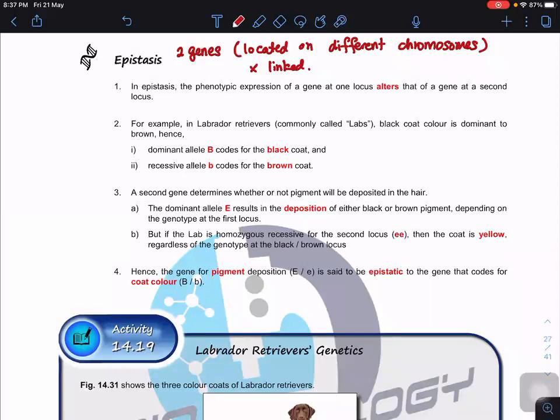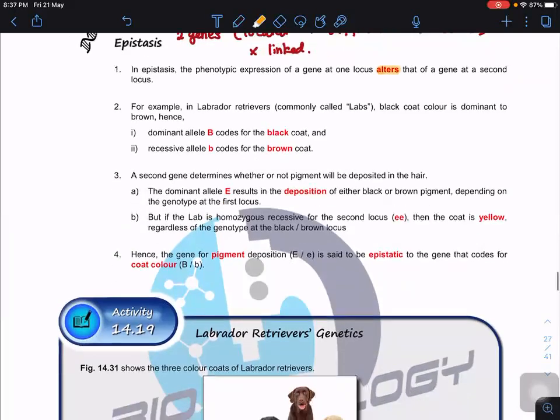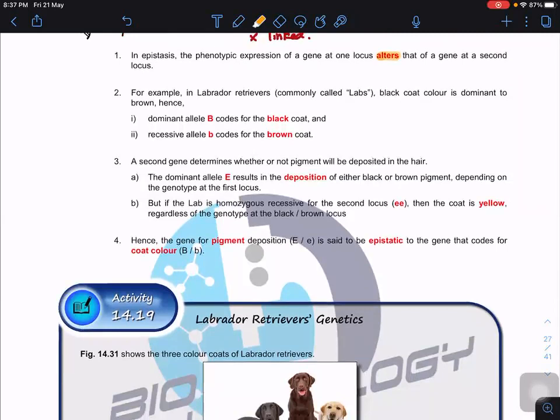Okay, so in epistasis, the phenotype expression of a gene on one locus can alter, can change, the genes at a second locus. So for example, if you look at this Labrador retriever, they do have the allele that controls their coat color. So black coat color is dominant compared to the brown.